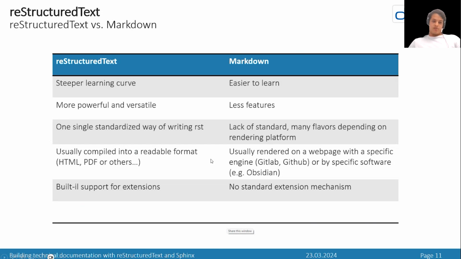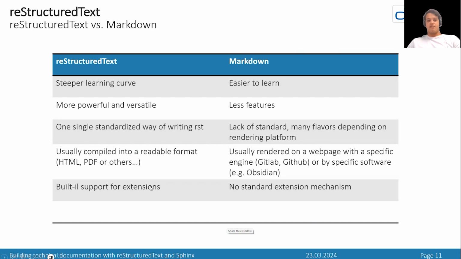And also there is one single standardized way of writing reStructuredText, so it's more simple to know what we need. And reStructuredText also comes into a given format of documentation, which is created by the Sphinx documentation generator. And the last point is that we have built-in support for extensions.